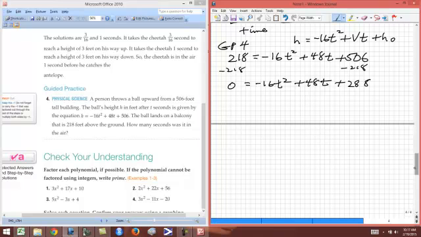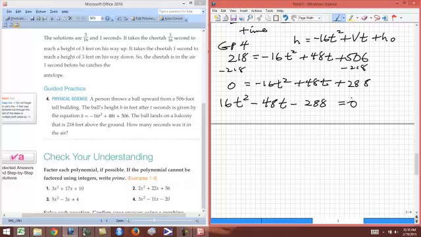Now another way you could do this is simply add 16t squared, subtract 48t, subtract 288 from both sides, and so then you would get 16t squared minus 48t minus 288 equals 0. Okay, now we're going to be looking for factor pairs.